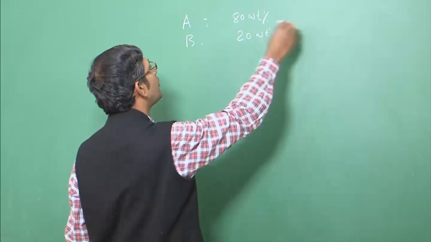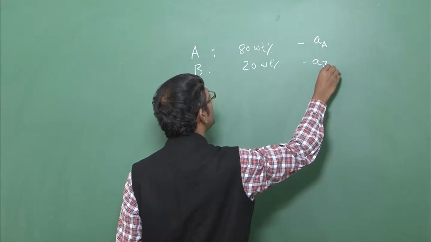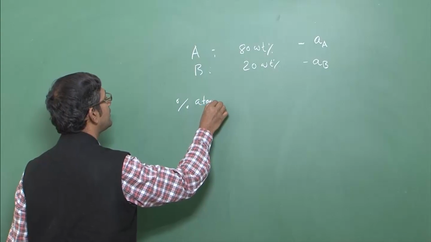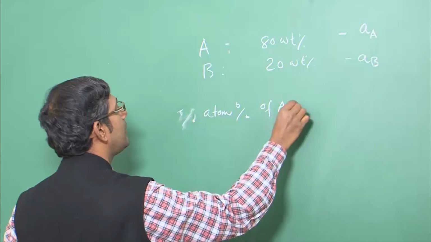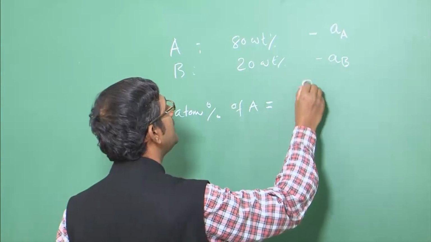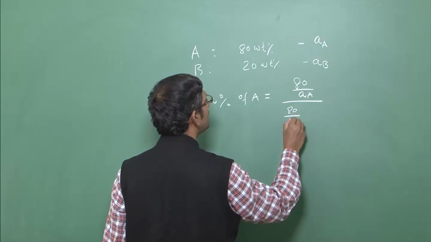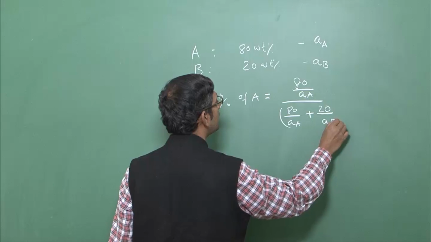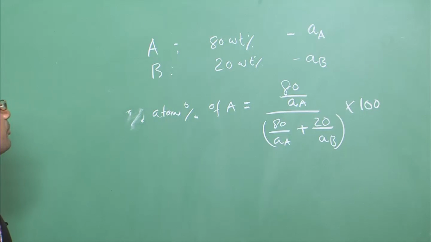If I know the atomic weight of A, say AA, and the atomic weight of B, say AB, then I can easily calculate the atom percentage of A: the weight percent divided by the atomic weight, so 80 divided by AA, divided by 80 divided by AA plus 20 divided by AB, into 100. That will give you the atom percent of A.